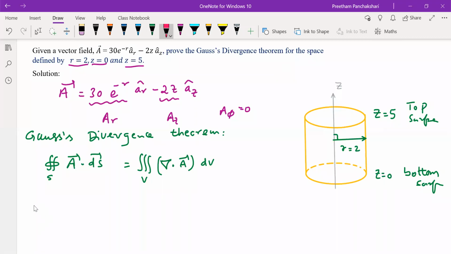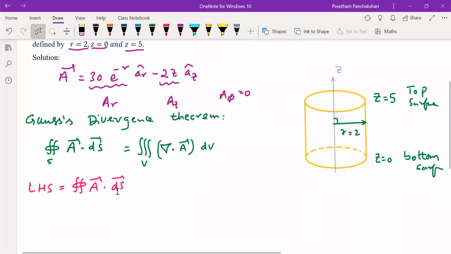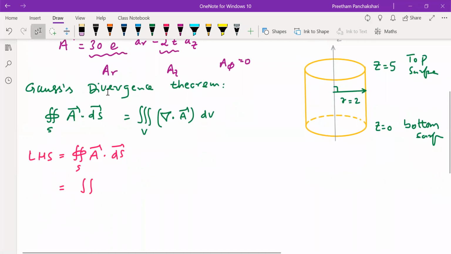Let us consider the left-hand side of the Gauss divergence theorem, that is the closed surface integral of A. This closed surface is split into three different integrals.